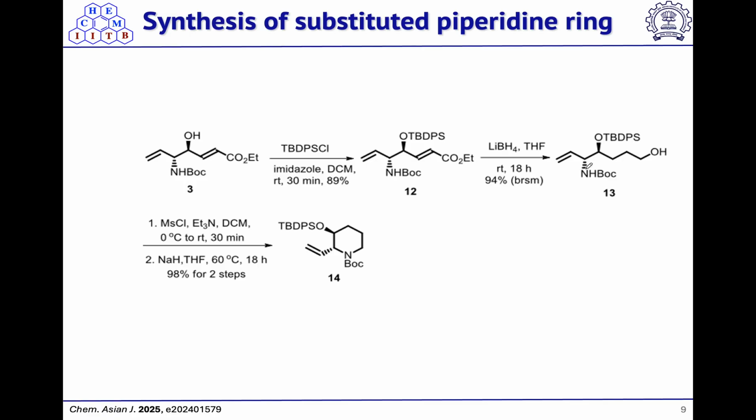That will happen and we will get this compound 13. Now this compound 13 we treat with methanesulfonyl chloride in triethylamine, DCM. Mesyl chloride means MsCl, right?